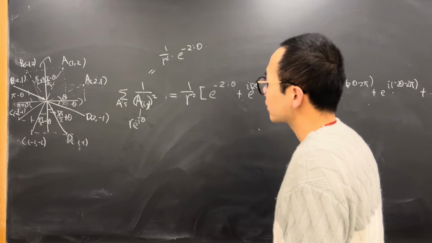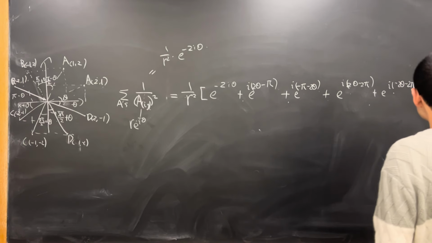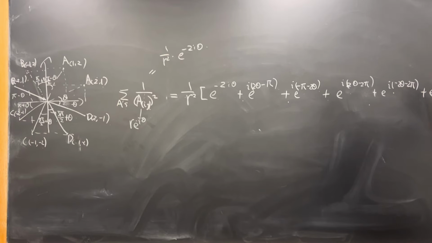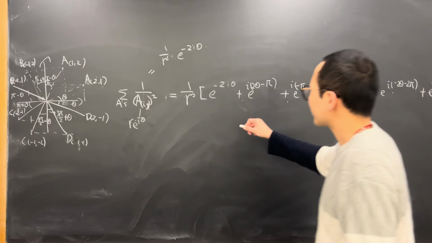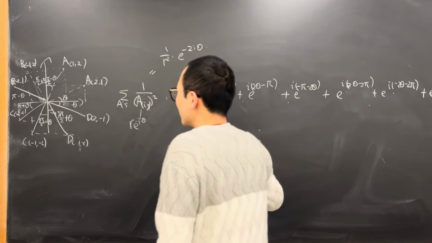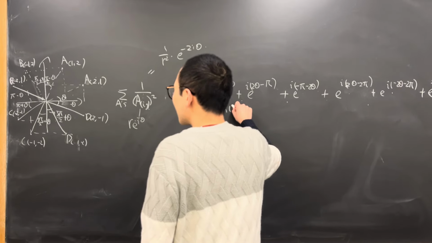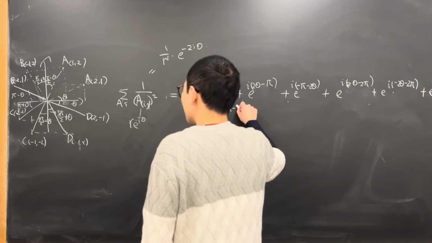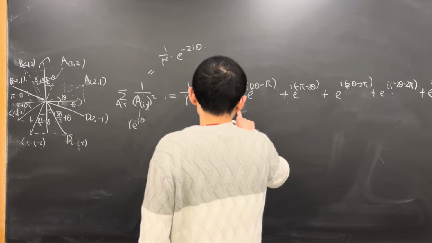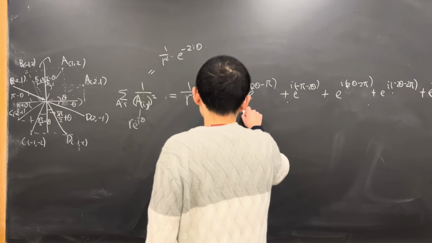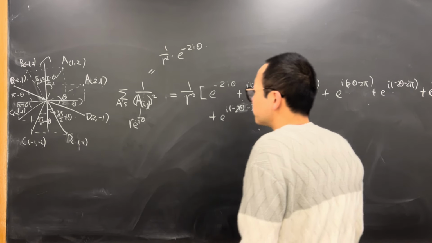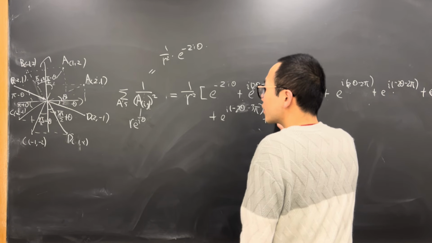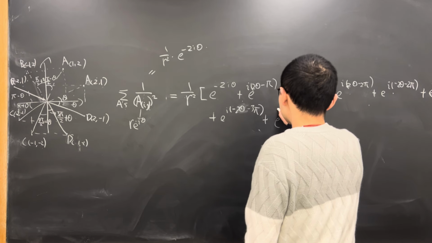For the next point it is 2 theta minus 3 pi, plus minus 2 theta minus 3 pi, and then plus e^{2i theta}.